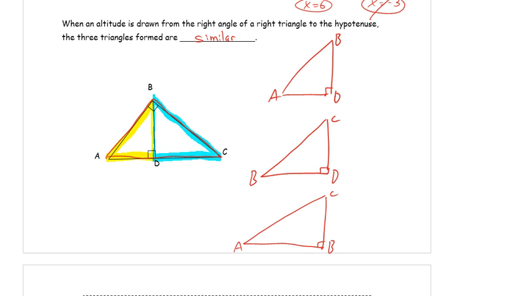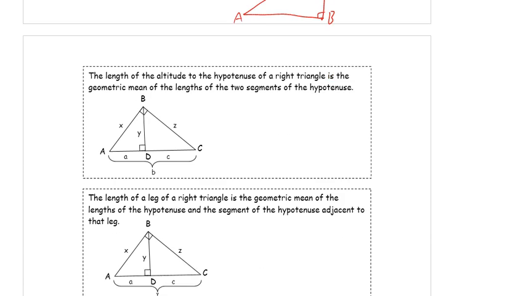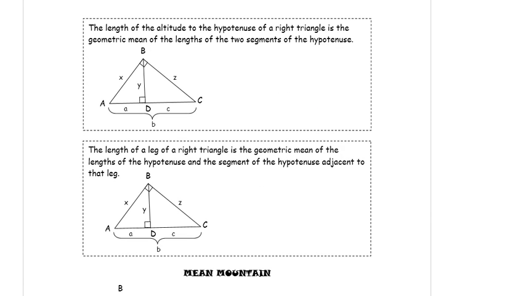And there might be a handful of you that do it like this. But we're actually going to look at a different way that makes it a little bit easier to solve some of these sides. So, first of all, a couple of the relationships that we're going to talk about are, first, the length of the altitude to the hypotenuse of a right triangle. So this right here, this length, is the geometric mean of the lengths of the two segments of the hypotenuse.